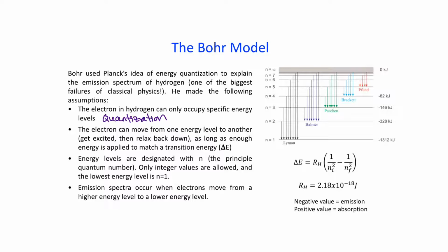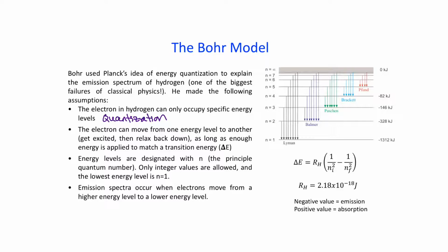Okay, so in order to get up to these higher energy levels, you have to put in enough energy to match those energy levels. So we need to be able to jump to here, or we could jump all the way up to here if we put in enough energy. Okay, but you have to get up to those defined energy levels for your particular atom.